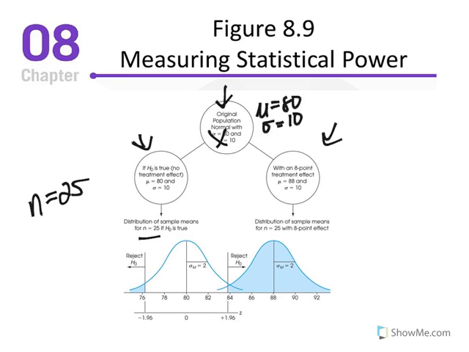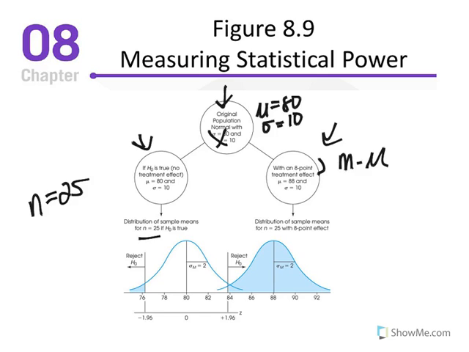Now on the right side, let's say we're anticipating an 8-point treatment effect. And when you see this expressed that way, treatment effect, that's the same as saying M minus mu. So if that's the case, what would we anticipate our sample mean to equal? The sample mean meaning those who have received the treatment.